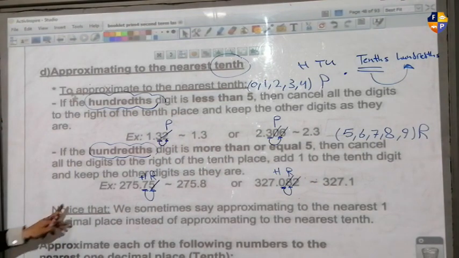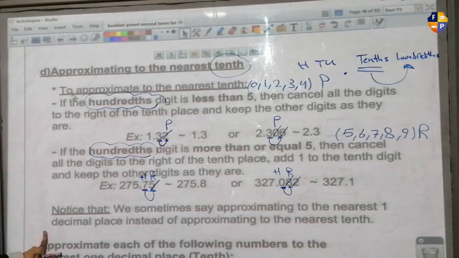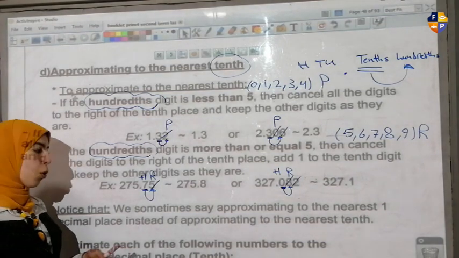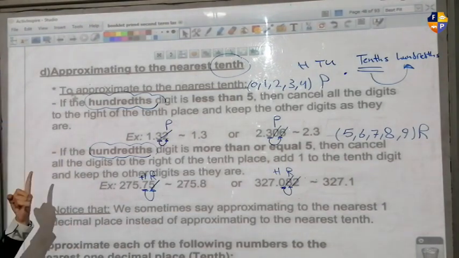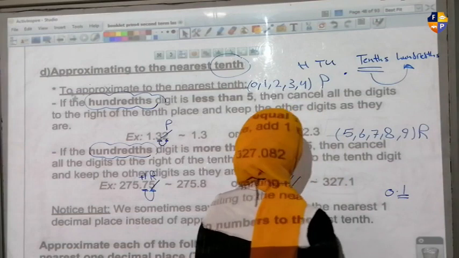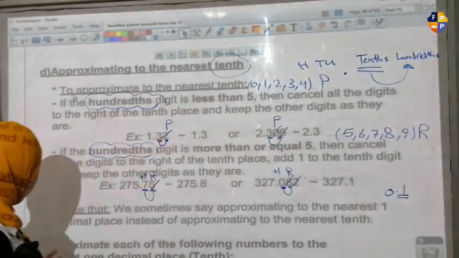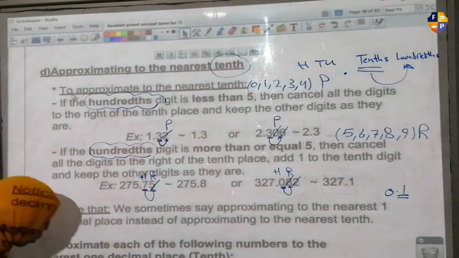Note that we sometimes say approximating to the nearest one decimal place, approximating to the nearest tenth, 0.1. So we can say approximate to the nearest one decimal place.